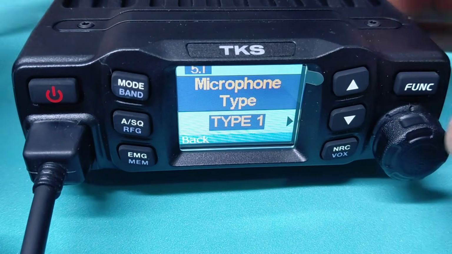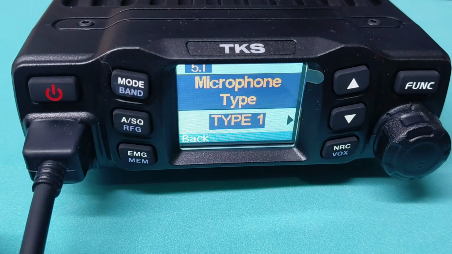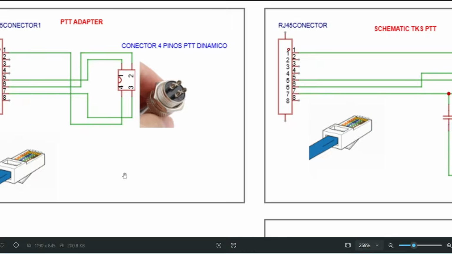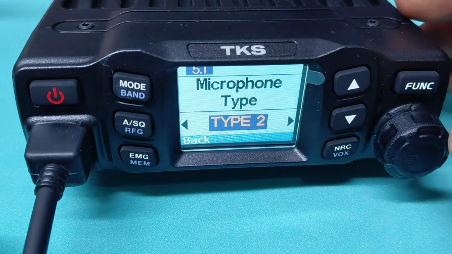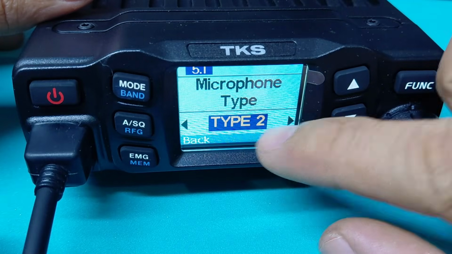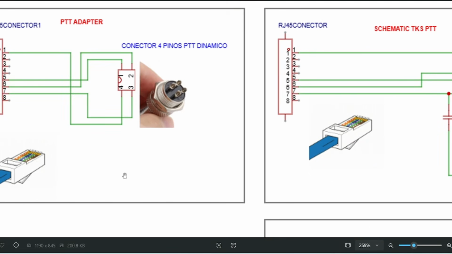You will want to switch it from the default type 1, which is the radio's original setting, over to type 2. If you don't make these changes, or if you only make one of them, the radio won't transmit correctly. You'll have problems with the radio. If you only make the electret type change and don't make the other change in the menu, when you connect the PTT, the radio will transmit on its own. So you have to make both of these changes, okay?